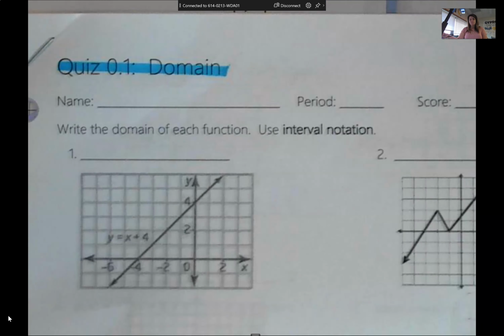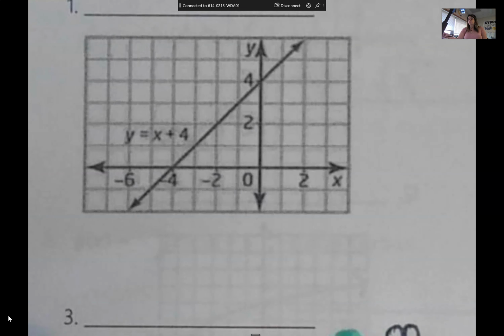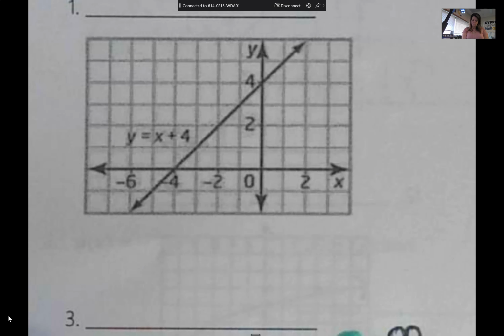Oh, this one. About 10. Five. 3, 2. Okay, let's see.